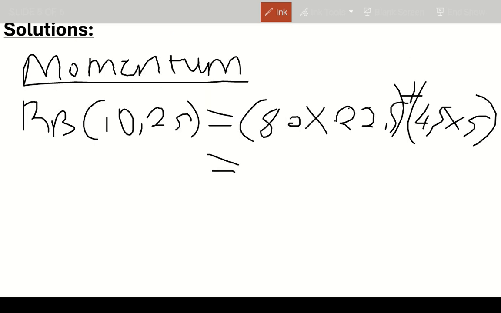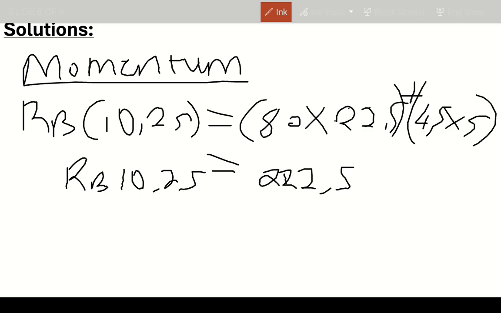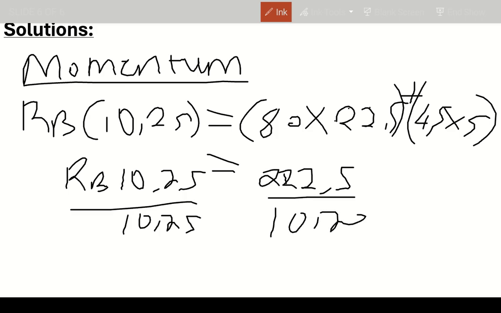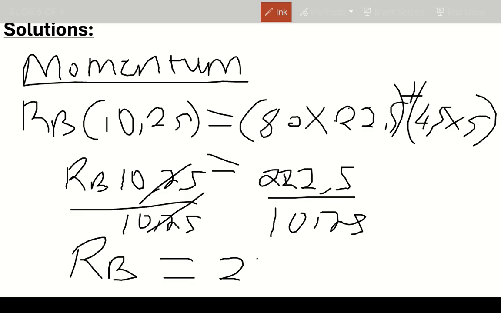And then the answer for this side is 2.5, and then this one is RB times 10.25. Now we want RB, so let's divide by 10.25. Both sides 10.25. Cancel. And then the R at point B will be 21.71 kilonewtons.